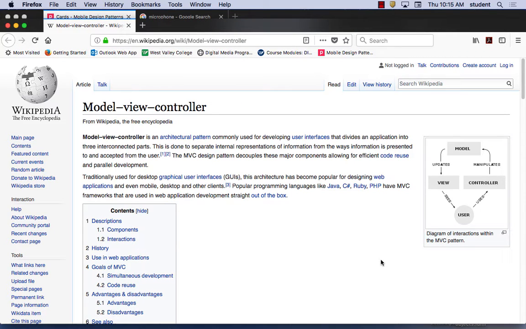So again, the model view controller is basically you have a user, the user does something, the back end changes the content, and then the content is displayed to the user. So there's this kind of flow here.